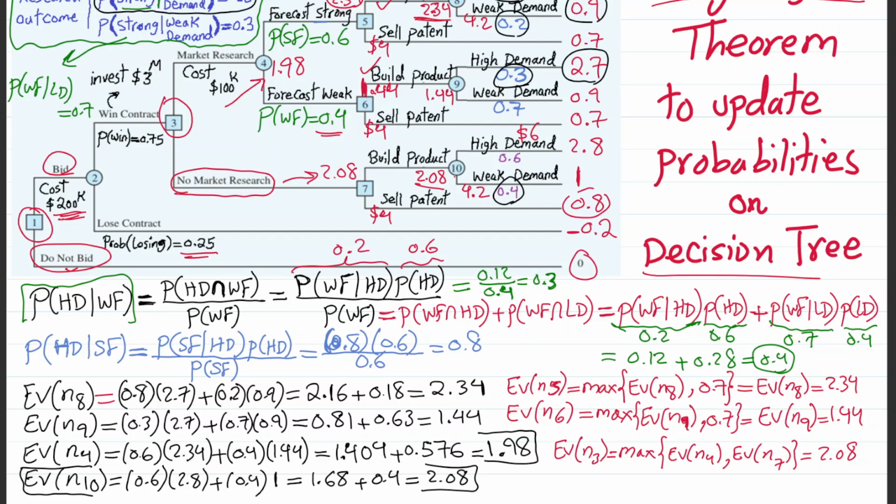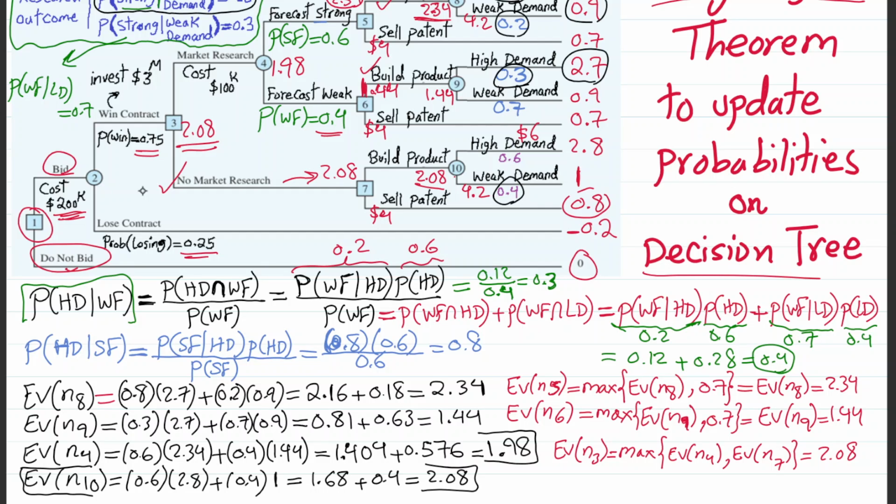So I'm gonna write here 2.08, and it means don't do market research, just proceed with the whole thing. And of course, when you get 2.08, then probability of win is 0.75, probability of losing is 0.25.